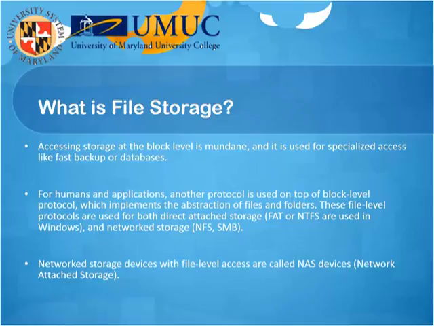These file-level protocols are used for both direct attached storage, those are protocols like FAT or NTFS, which are used in Windows, and also with network storage, NFS, which stands for Network File System, or Samba. Network storage devices with file-level access are also called NAS devices, which stands for Network Attached Storage.